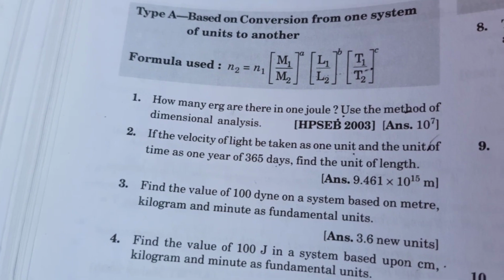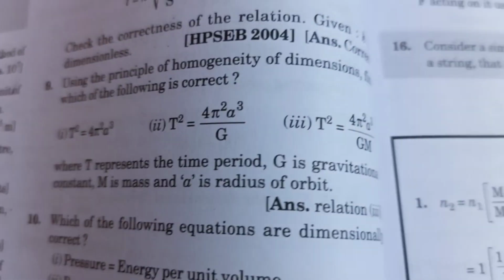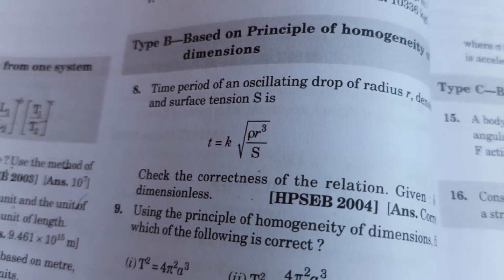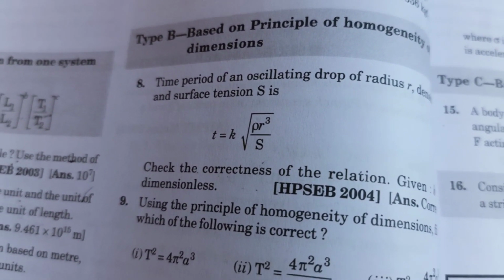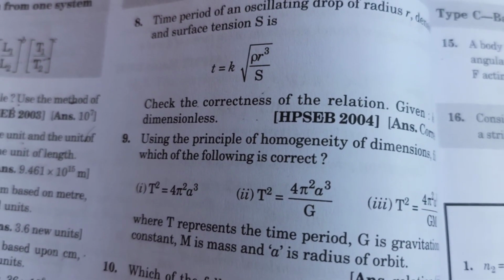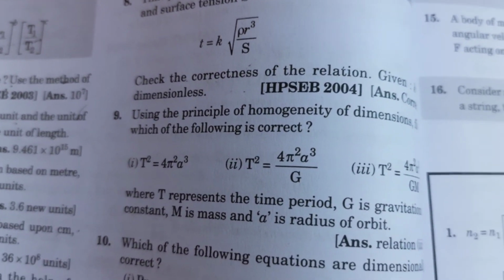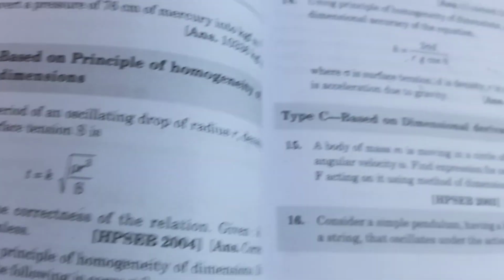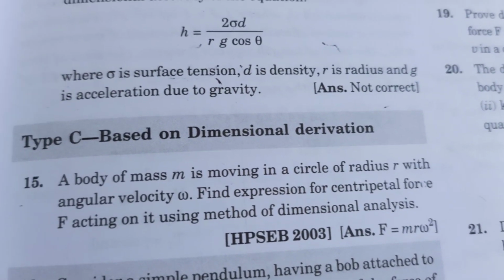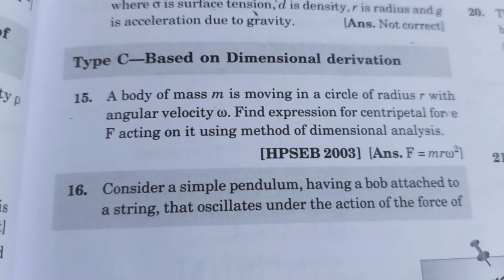And I have also cleared all the concepts related to type B. Type B is based on the principle of homogeneity of dimension. I explained what the principle of homogeneity is, and you can see the unit and dimension too. And type C is based on dimensional derivations.